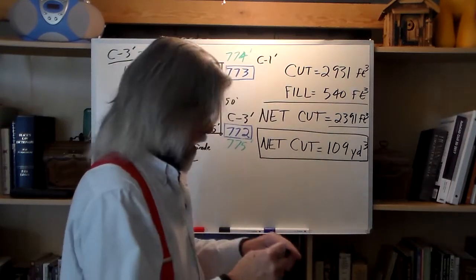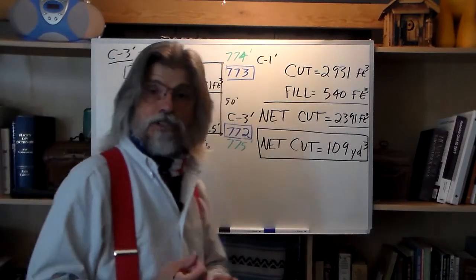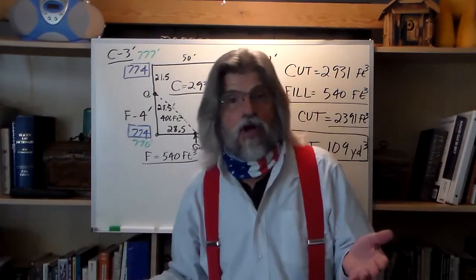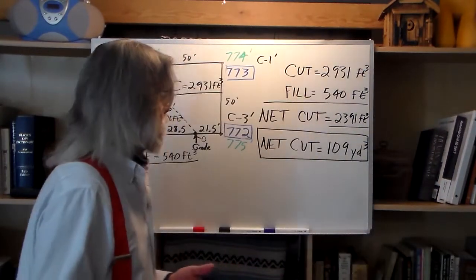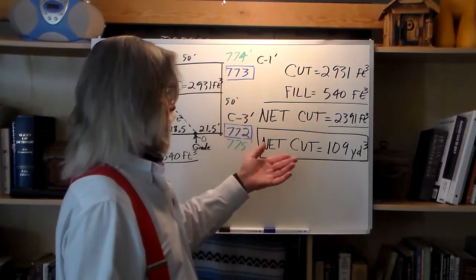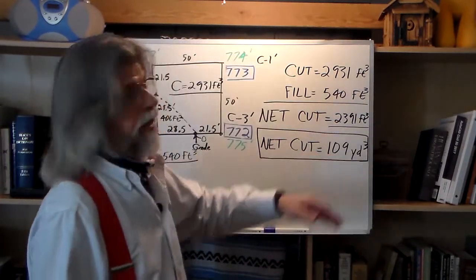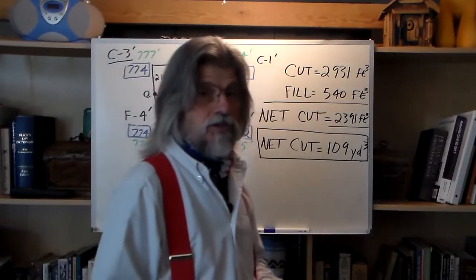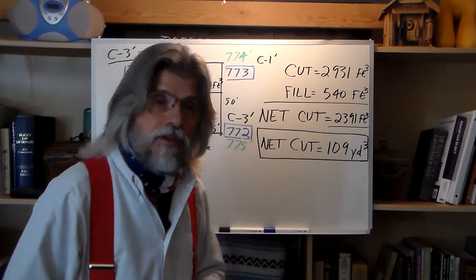We have 109 cubic yards of extra dirt, which in the context of the project, you're going to have to figure out what to do with. It's going to have to go somewhere. It may be spread out somewhere else in the project, but for this little 50 by 50 foot square, we're cutting out a whole bunch of dirt. 109 yards of dirt is a whole lot of dirt that you need to figure out what to do with.